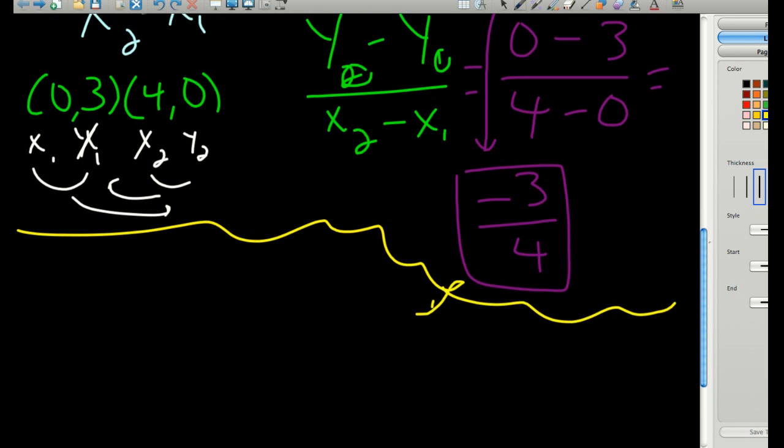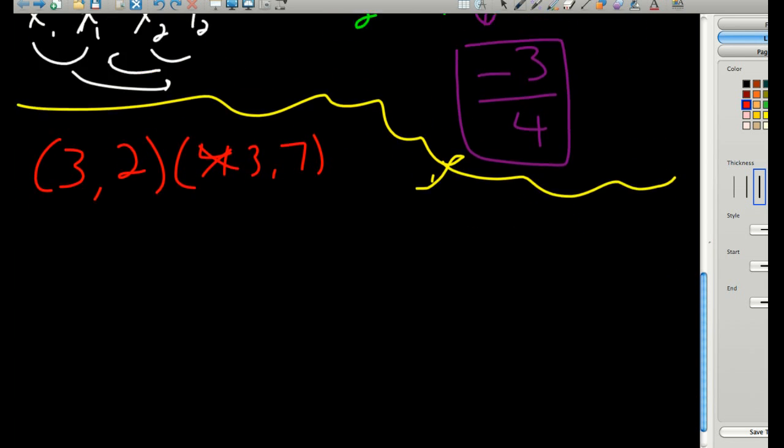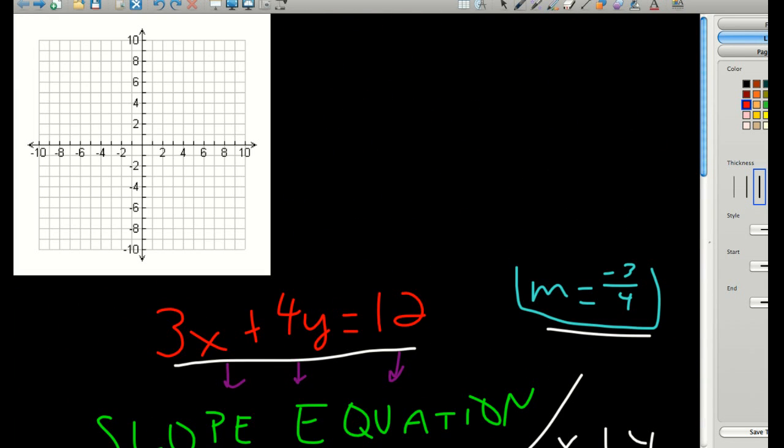So now, let's say I had these 2 points. I want to show something off here. Let's say we had 3, 2, and 3, 7, because otherwise this won't work. And let's say I wanted to find the slope of the line, which means the tilt of the line. Well, if we graph these 2 points on here, we see that 3, 2 and 3, 7 really don't move left or right, but would you say the slope is 0?